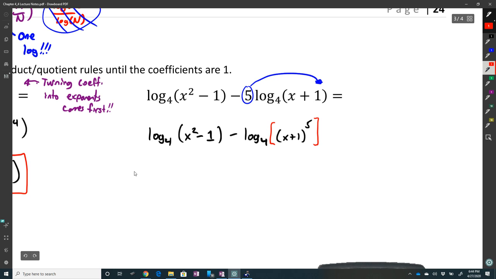Now, as you're working, it's implied that the raised to the 5th is inside the log, so you don't have to put the extra parentheses. But that's what's going on. Okay? Don't try to write it out. Don't factor it or expand it. So now the main idea in between is subtraction. So now I can condense them into one log.